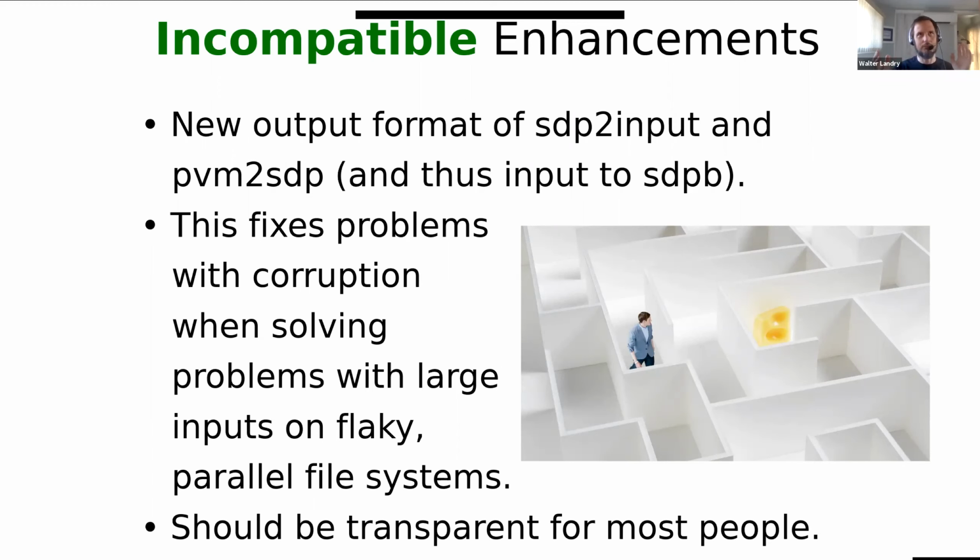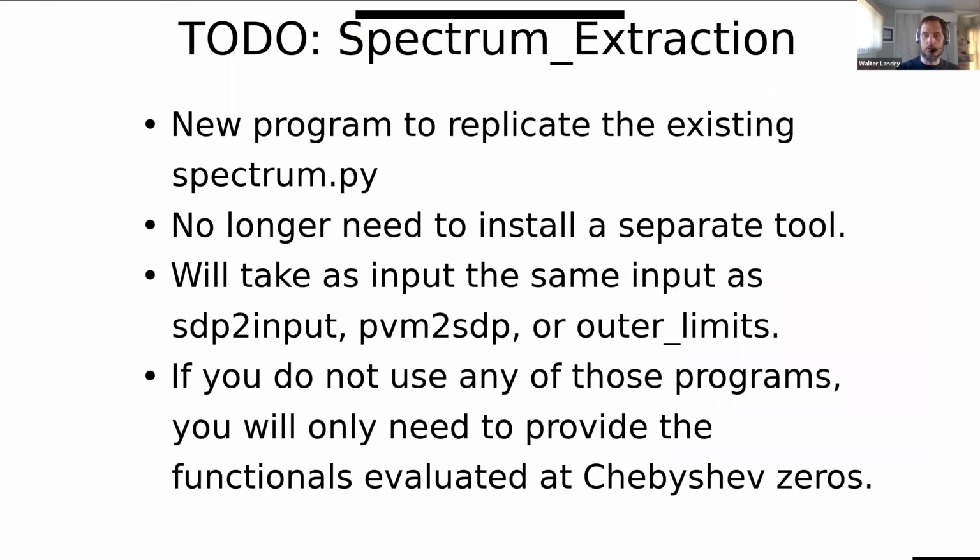I made it so that you can read any archive format. But for most people, you shouldn't notice. If you run into a problem, now you know what's causing the problem. And if you have any questions, as always, you should ask me. So that's most of the straight enhancements that I've done to SDPB.